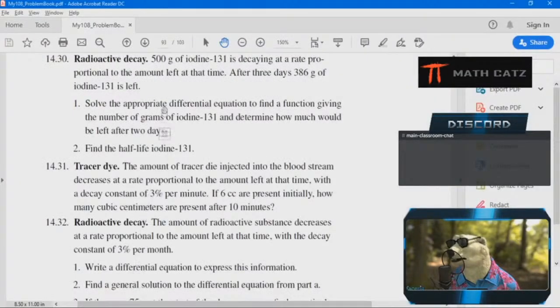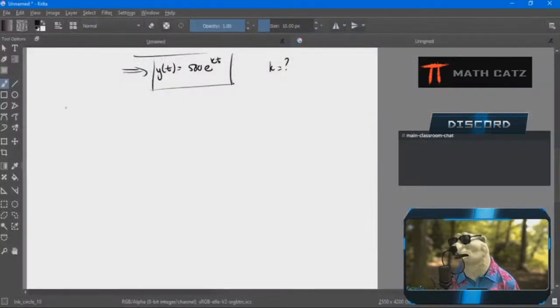They tell me, in addition to the 500 I start with, that after 3 days, 386 grams will be left. So I have some extra information: at 3 days, I have 386 down from 500.